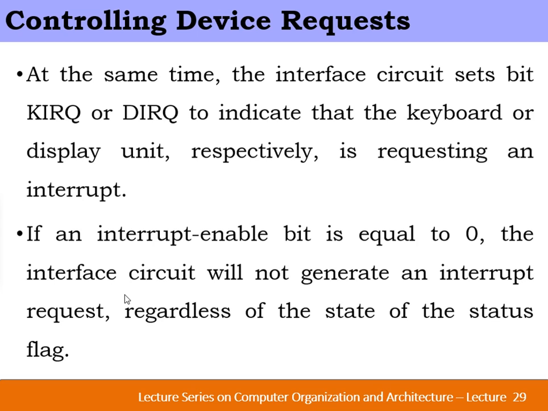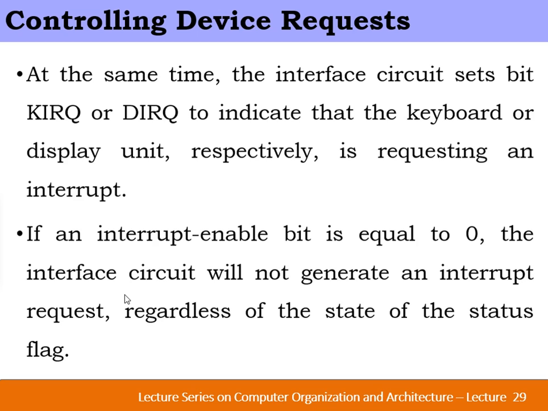If the interrupt enable bit is equal to 0, then the interface circuit is not at all going to generate an interrupt request regardless of the state of the status flag. The SIN and SOUT flags may or may not be equal to 1, but ultimately no interrupt request will be generated, because the interrupt enable bit is equal to 0.